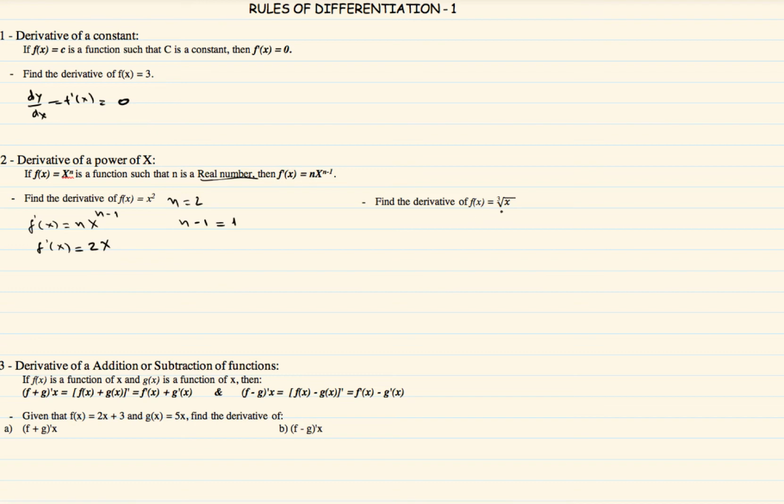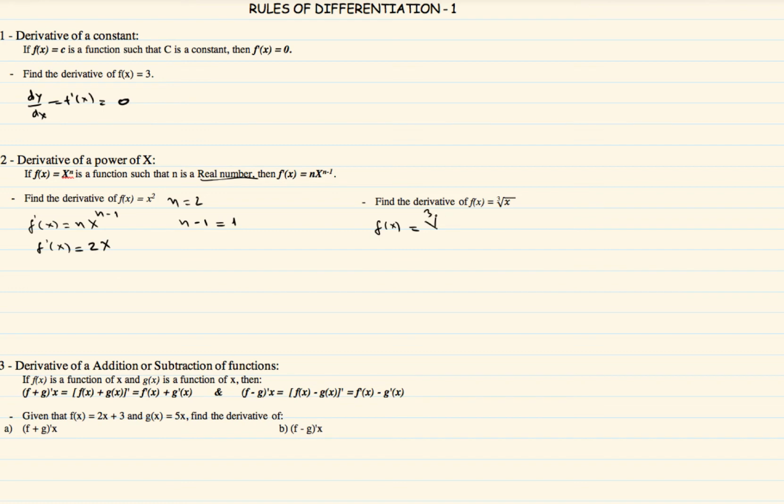Now imagine a different situation like this, that we have a cube root of something. So if f of x is equal to the cube root of x, how do we find the derivative? Well, we need to know the properties of roots. So before we find the derivative of this function, we first have to simplify it.